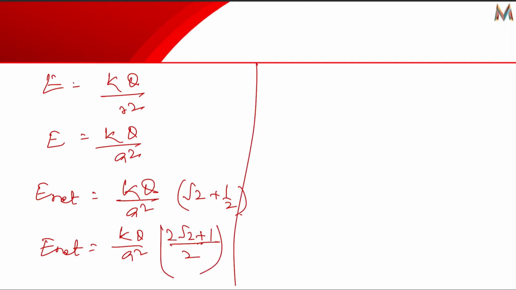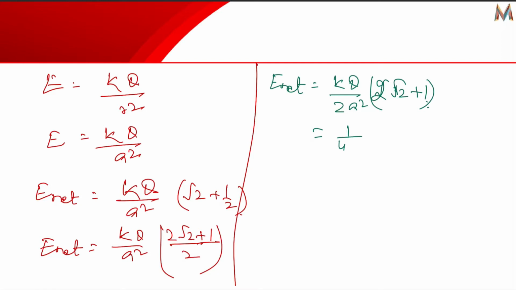In this way we can write E net equals KQ by 2A square times 2 root 2 plus 1. If we write the value of K, then it will be 1 upon 4 pi epsilon naught into 2A square, Q, and 2 root 2 plus 1.